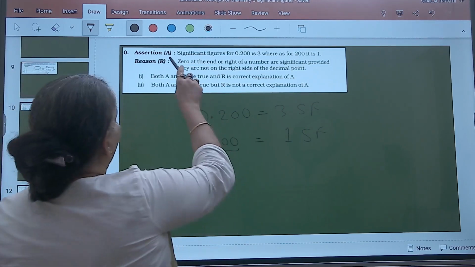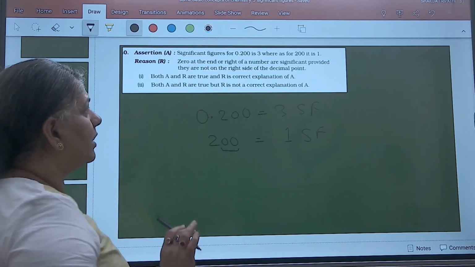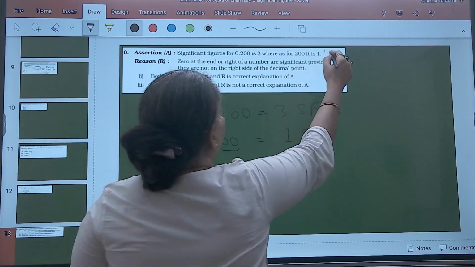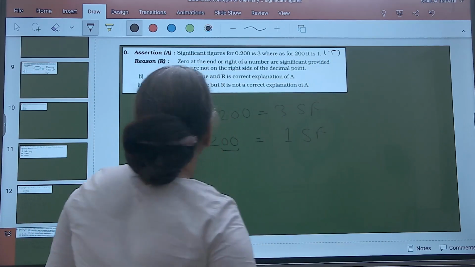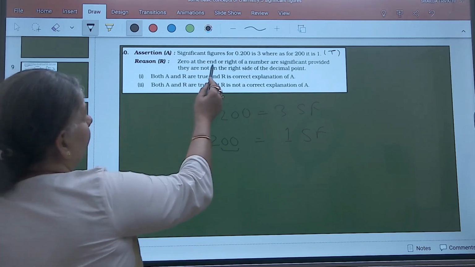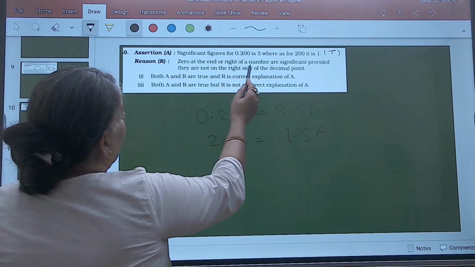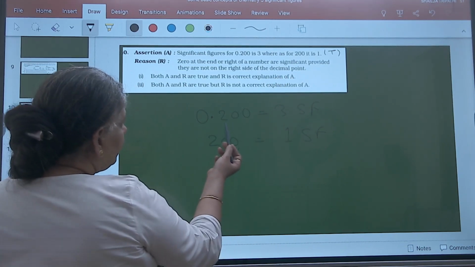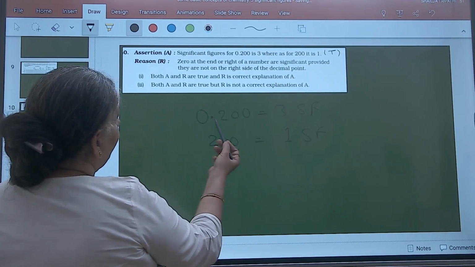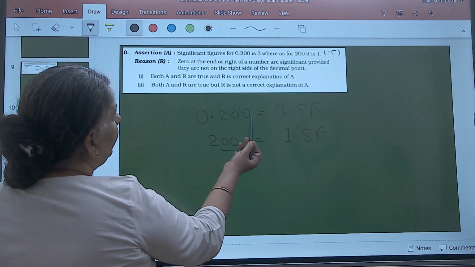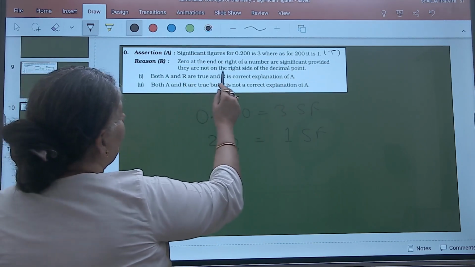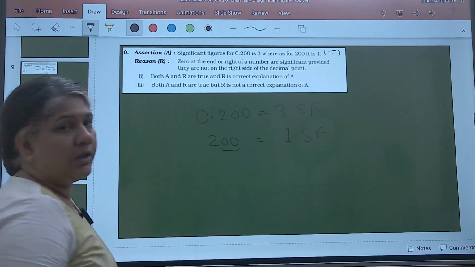So the assertion is correct, or the assertion is true. Now let's see the reason. See, zeros at the end or right of a number are significant, provided they are not on the right side of the decimal.